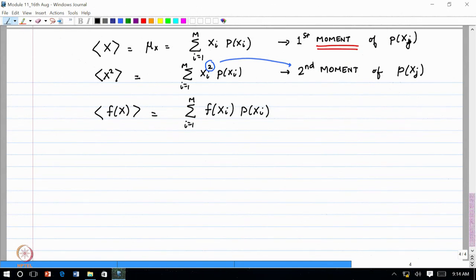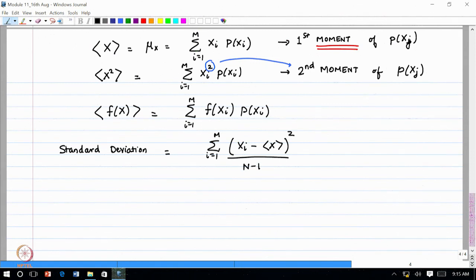Now, a quantity that we use very often is the standard deviation. If you have a finite number of experiments, then the standard deviation is basically, you can write it as sum over i equal to 1 to m of xi minus the average value of x, the whole square, divided by n minus 1, and the whole thing to the power half.